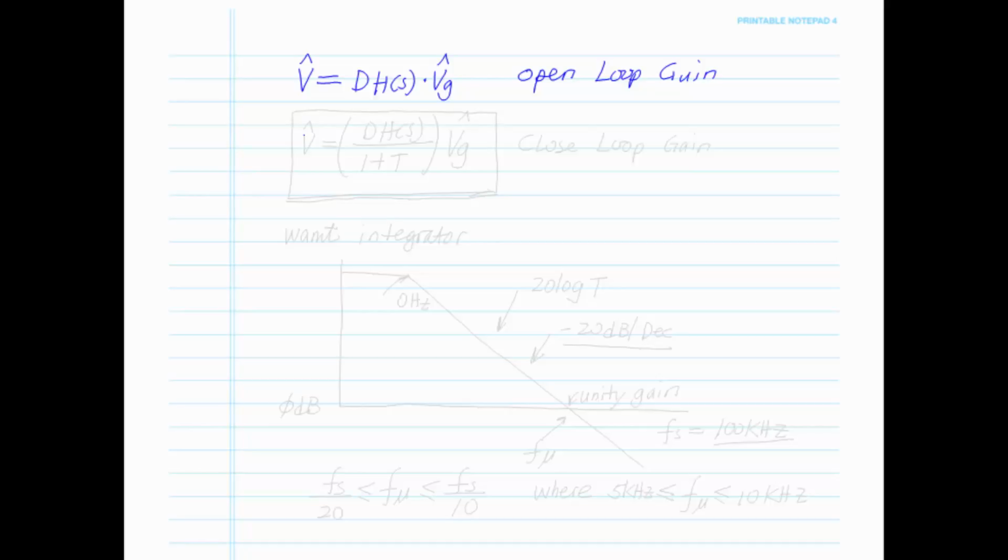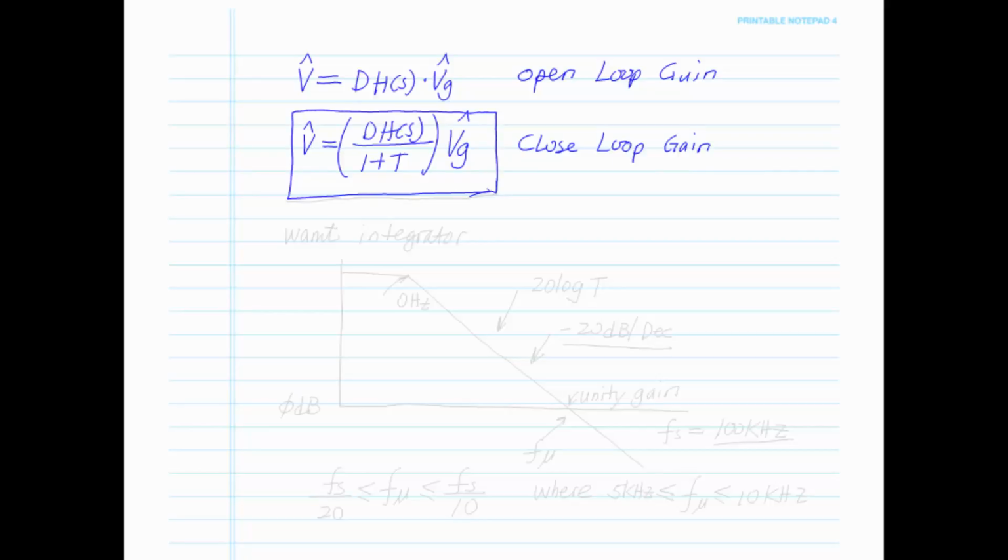Okay, so the closed loop gain, which we will not derive here, I derive in my advanced course and the other courses, is going to be dH of S divided by 1 plus T, Vg. This is the closed loop gain.